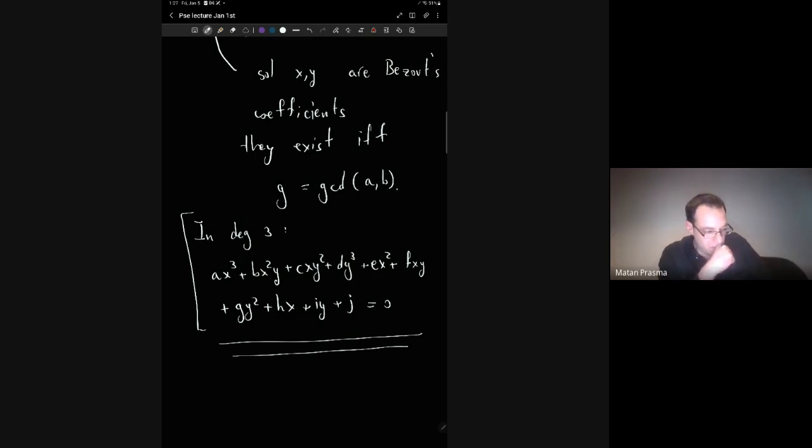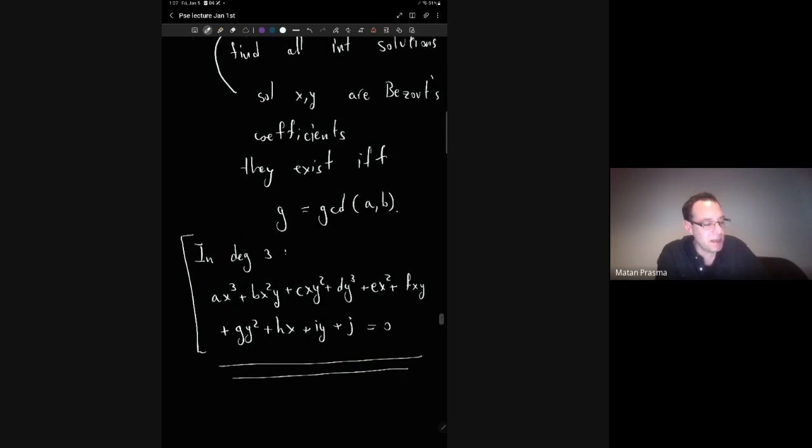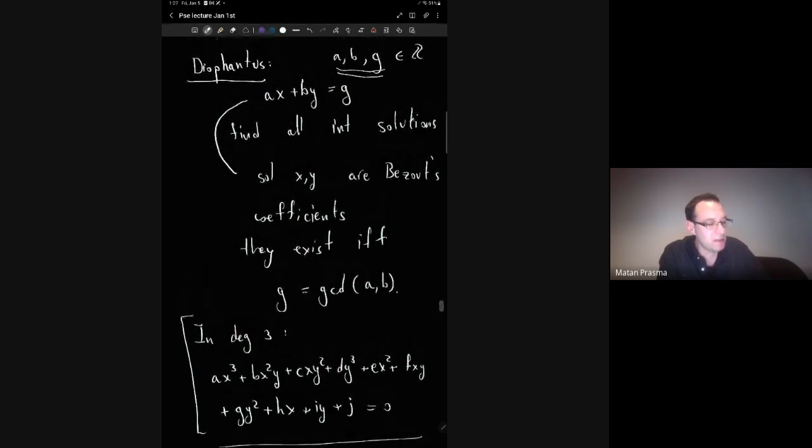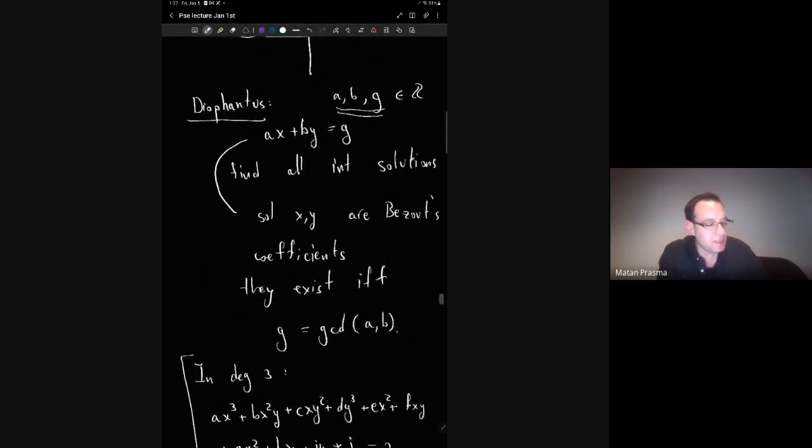Over the years, in order to simplify, you can do a change of variables. This is true also in degree 1 and 2.